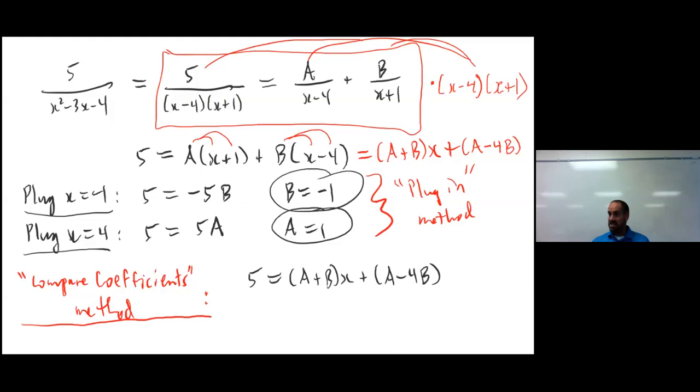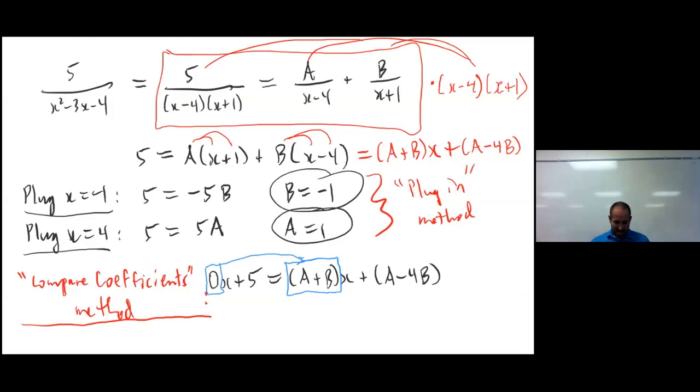But I can actually write this as 0x plus 5 equals a plus b times x plus that other thing. So what do you think has to be true about the coefficient of x over here and the coefficient of x over here? Since they're equal after all, those have to be the same.